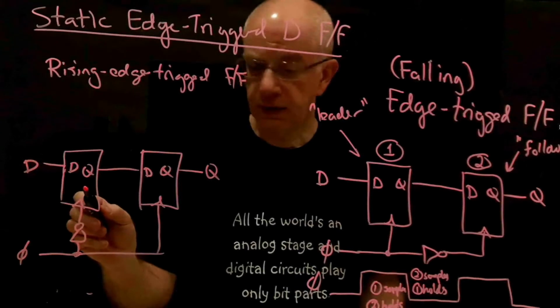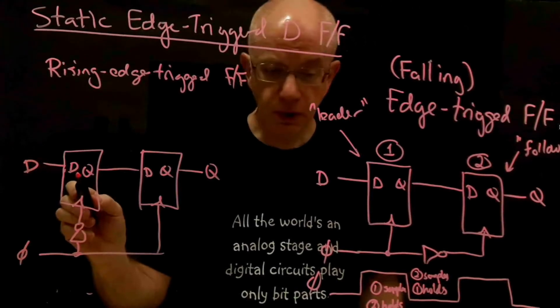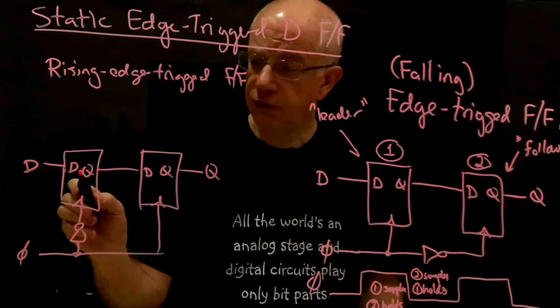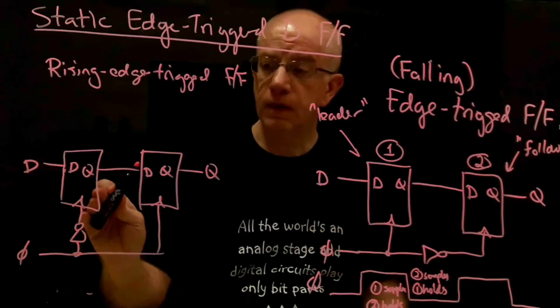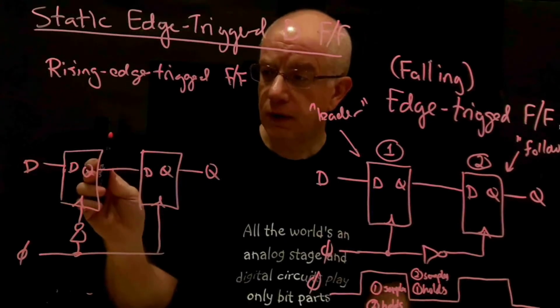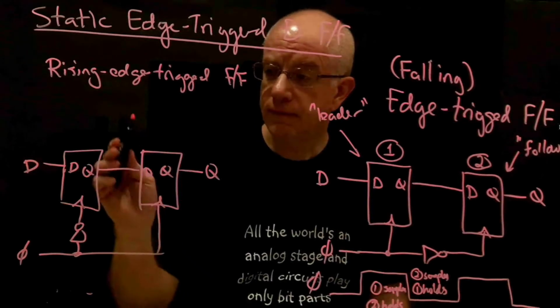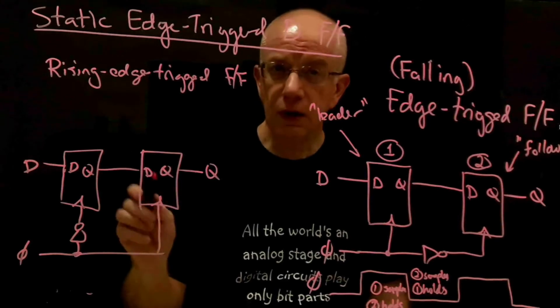So the first latch is sampling when phi is low, and as soon as phi goes high, the first latch closes and becomes opaque, and the second latch then samples that final value that D had when phi went high. So that's how this works.